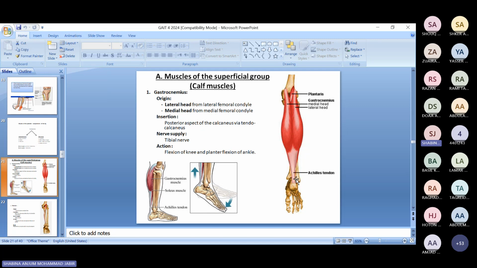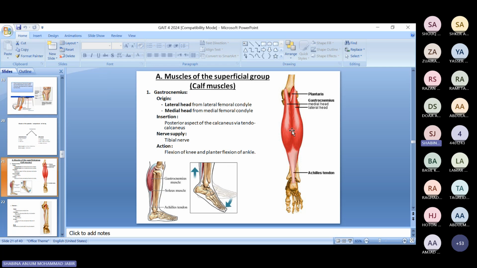This is the strongest tendon in our body. It will be inserted to the posterior part of the calcaneus through the tendocalcaneus. This tendon is called the tendocalcaneus, or Achilles tendon.